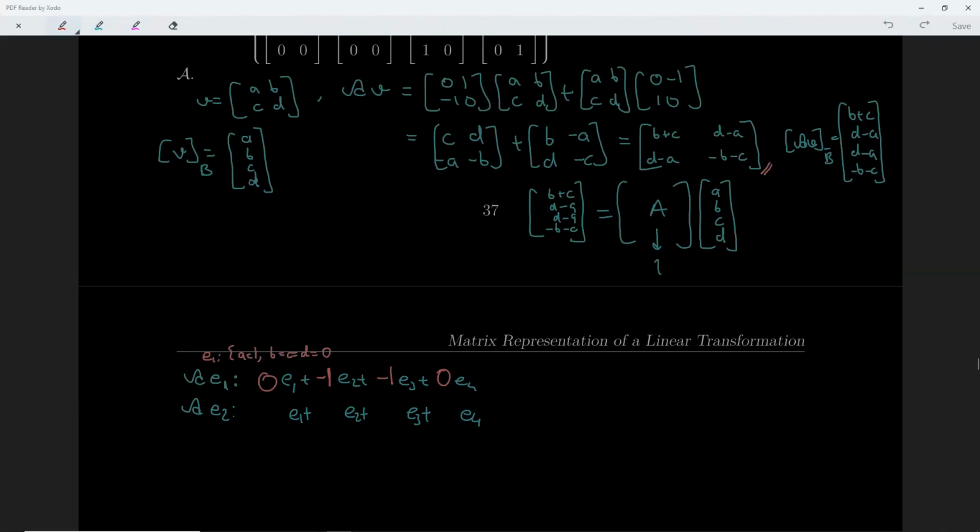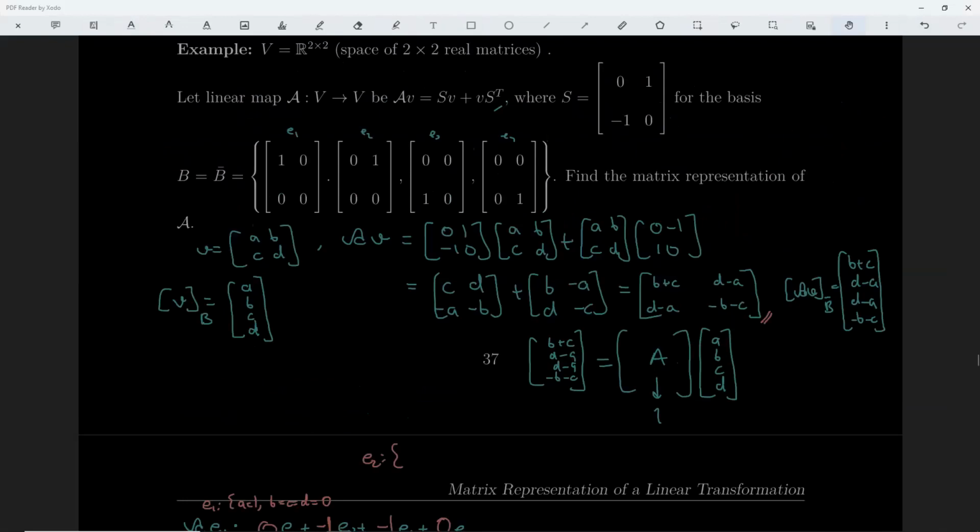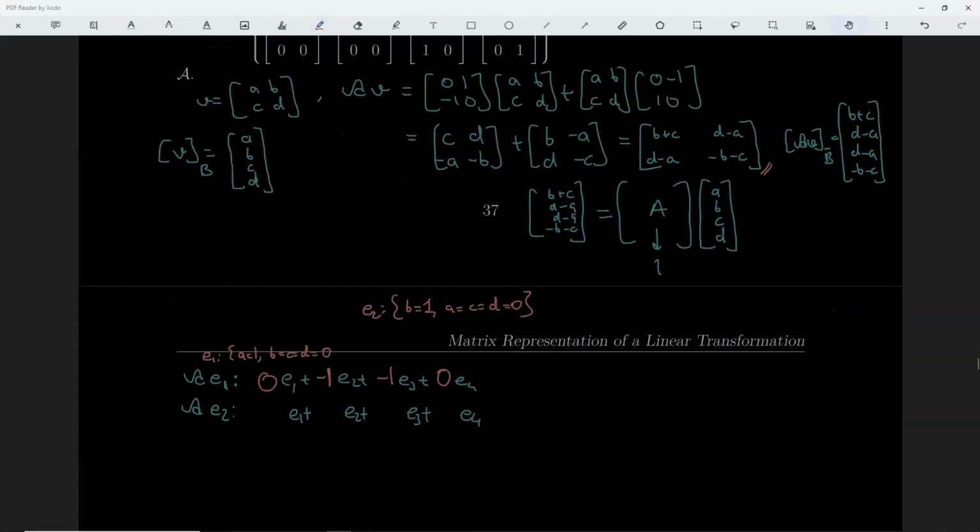For E2, it is this matrix over there. So A is equal to 0, B is equal to 1, C is equal to 0, D is equal to 0. Given ABCD, this linear transformation was given as this matrix.